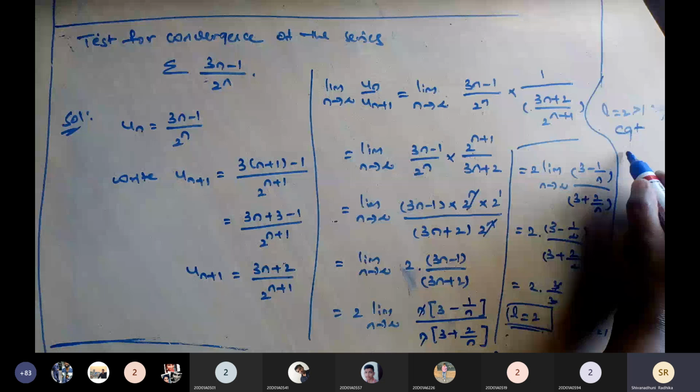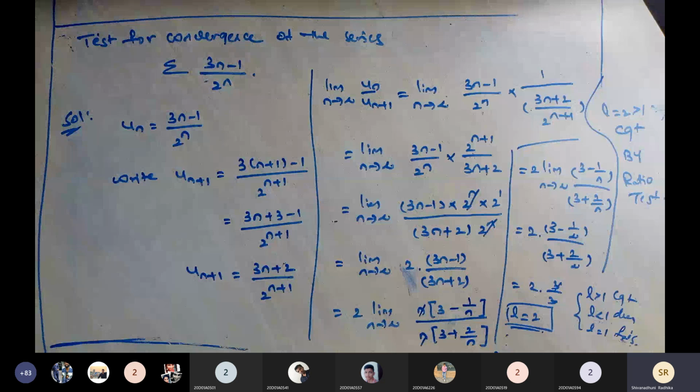It is clear? Hence, summation Un is convergent. L equals to 2 is greater than 1, so it is convergent. It is clear? Yes, ma'am. Clear, completed, ma'am.